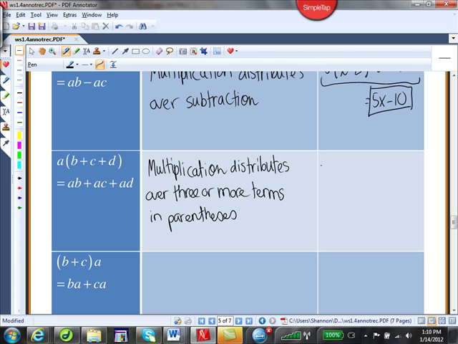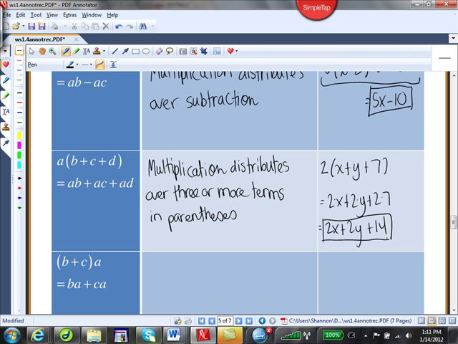So if I have 2 times x plus y plus 7, that would be 2 times x plus 2 times y plus 2 times 7, which would give us an end result of 2x plus 2y plus 14. So again, this is the end result, and these first 2 lines are the illustration of the property.